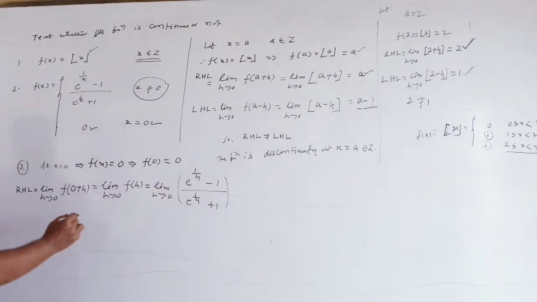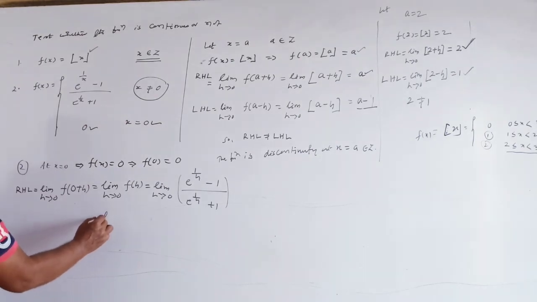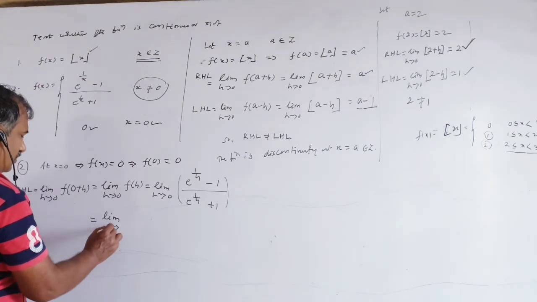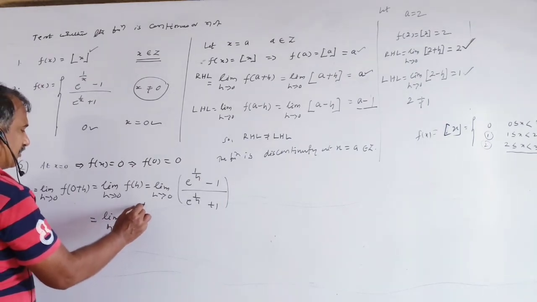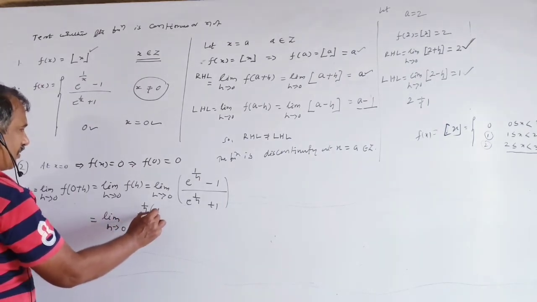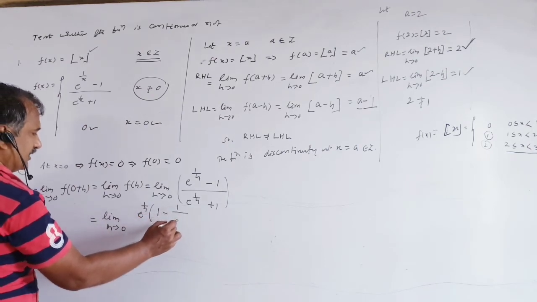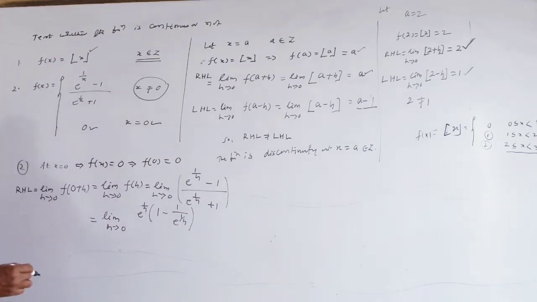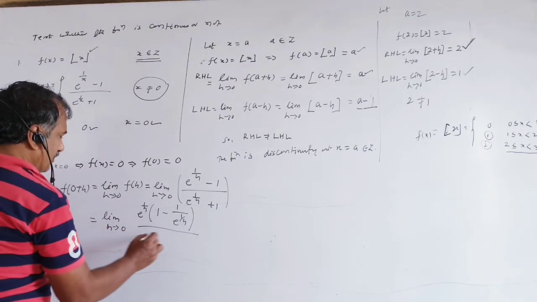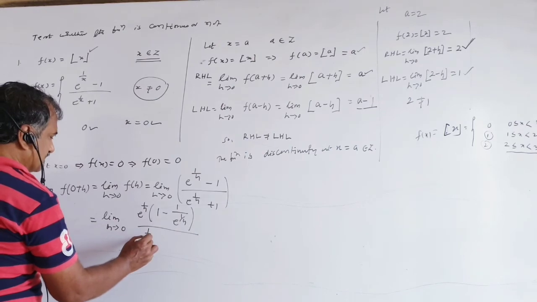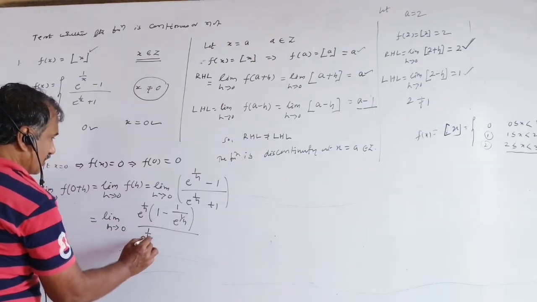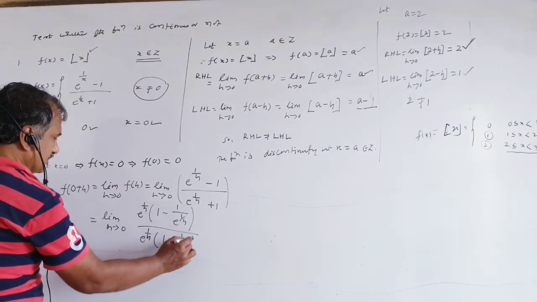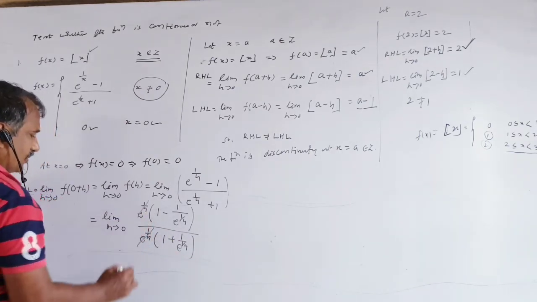Okay. Now this part equals limit h tends to 0. Take e to the power 1 by x common: 1 minus 1 by e to the power 1 by x. Here also take e to the power 1 by x common: 1 plus 1 by e to the power 1 by x. Now this cancels out.